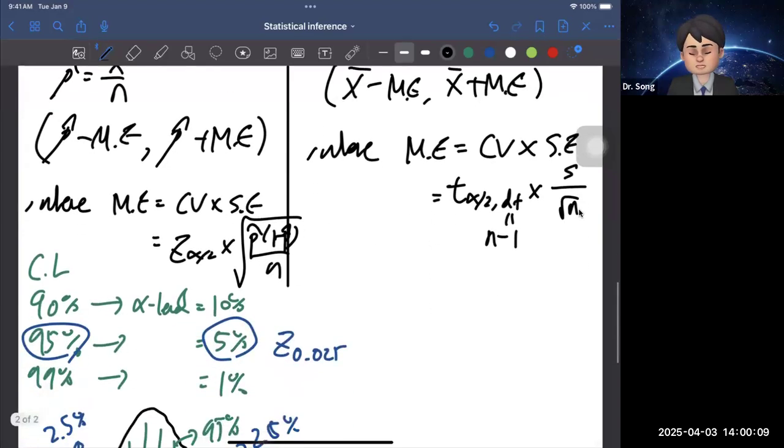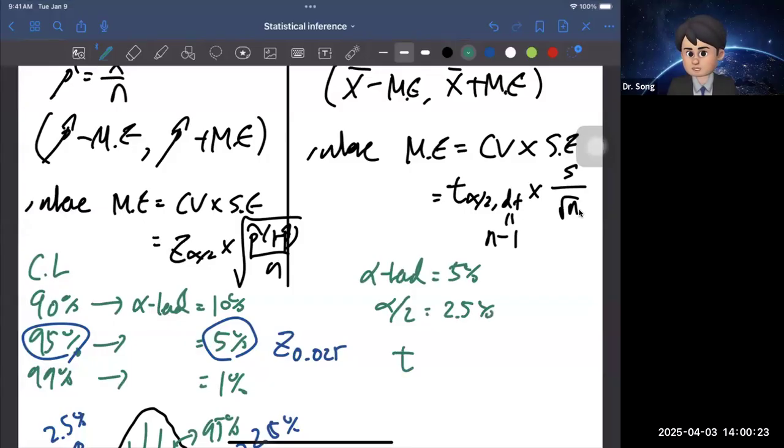Likewise, in general, we have 3 different confidence levels. So let's say that same 95% confidence interval, then the alpha level is 5%, and then the alpha over 2 is 2.5%. In this case, t 0.025, and then the degrees of freedom. So like I said, the degrees of freedom is just sample size minus 1. So for example, let's say you have the sample n equals 19.